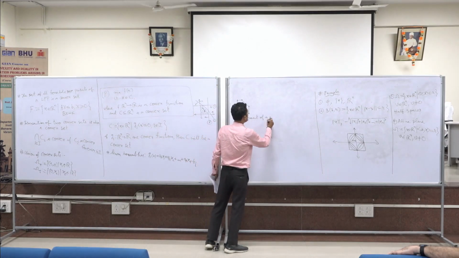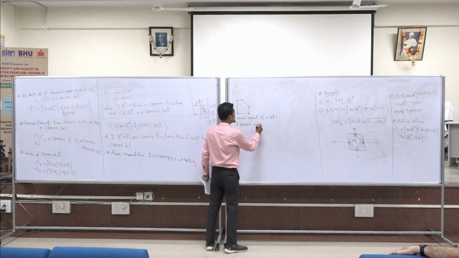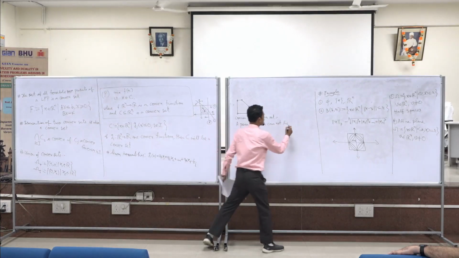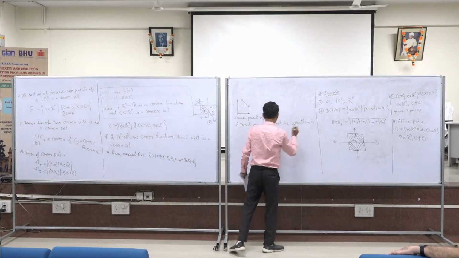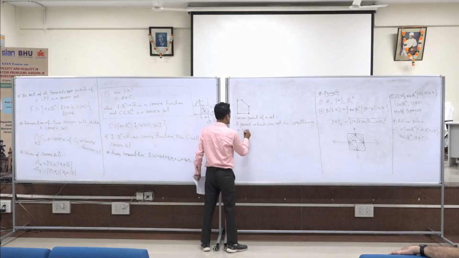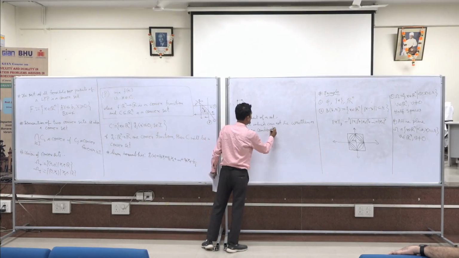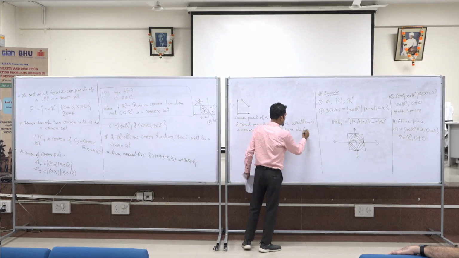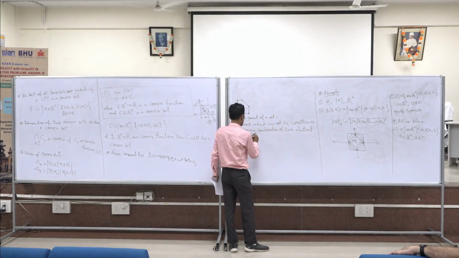A point which cannot be written as a convex combination of two distinct points of the set.